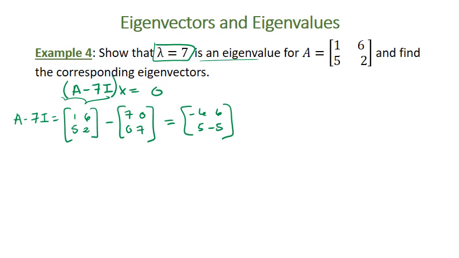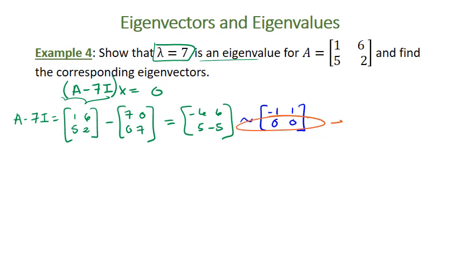All right, so now I want to row reduce this. And when I row reduce this, I end up with this. And if you want to, divide by a -1 in that top row, that's just fine. But we can stop because we see that we have this row of zeros.